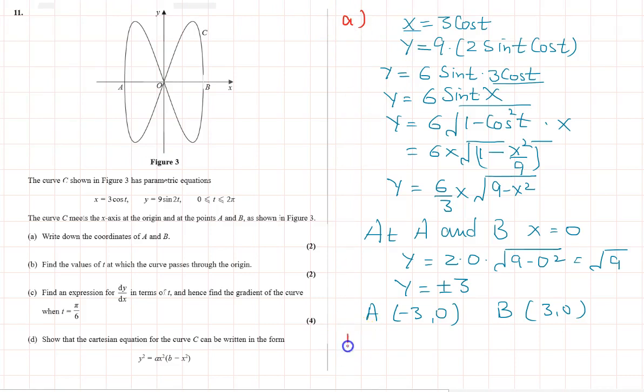This was part A. Now part B is find the value of t at which the curve passes through the origin. So we have x is equal to 3 cos t.